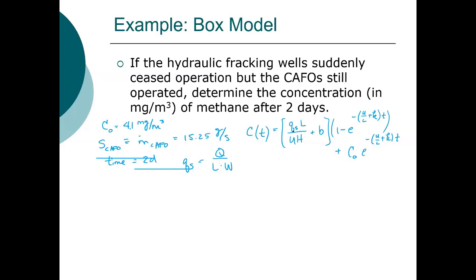So if we look at this term here, Q_s L over U H. If we substitute, it's Q_L times W times L over U H. So the L cancels, and if we're using the mass per time, then that first term becomes U times H W. Apologize for the lines.